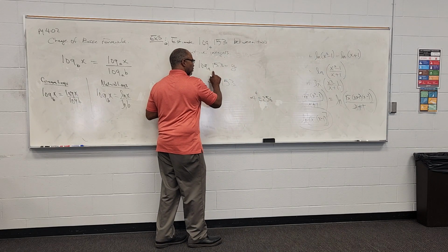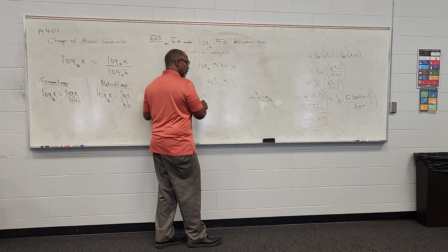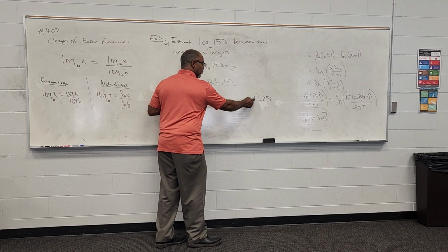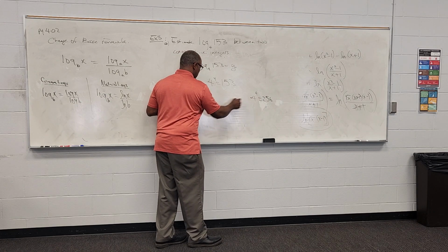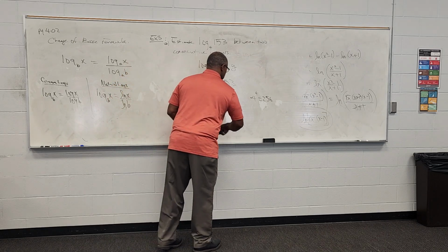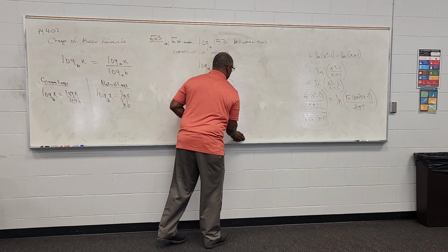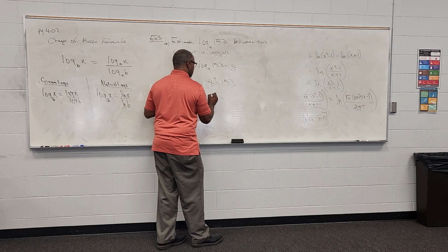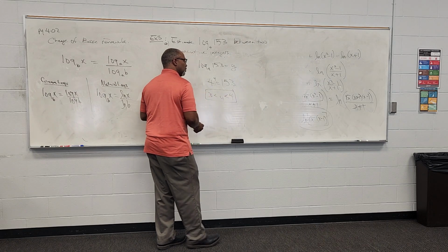We're trying to figure out what y is such that 4 to that power gives you 153, but we know that 4 cubed gives you 64, and 4 to the 4th would give you 256. So that value y better be between 3 and 4. y is between 3 and 4.